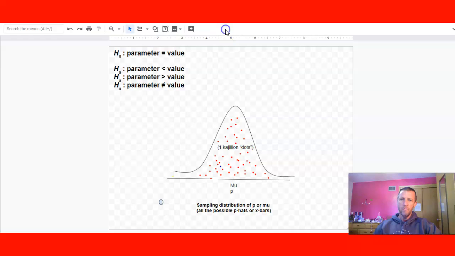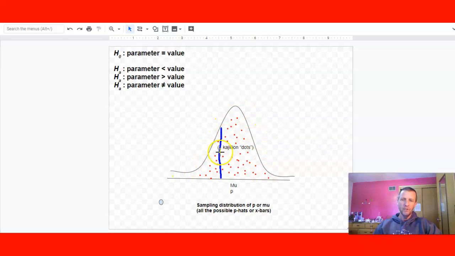The way that we measure how likely or unlikely that one sample that we took was is this thing called a p-value. I'm going to try to draw a blue line through that blue dot. Oh, good. Perfectly straight line, Rex. Good job.